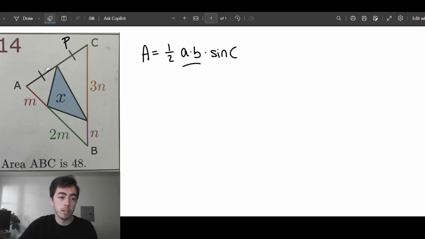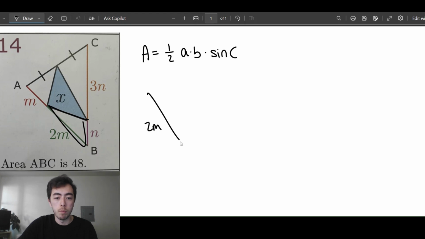And what we can do here is start thinking about triangles with common angles. If we zoom in on this one, we have a triangle here with a side of 2m and n, and we have some angle here that we don't really know yet, and there's some side here on the bottom side of the inner triangle.